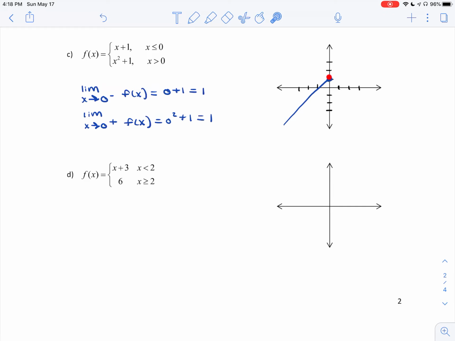And then the second half of our graph is that parabola. And that's just going to look something like that, because again, we said the limit as x approaches 0 from the right-hand side is also 1. So in this case, our functions meet up right here. There's no holes, there's no breaks, so this is actually going to be continuous everywhere.